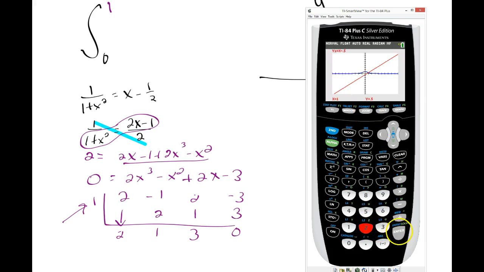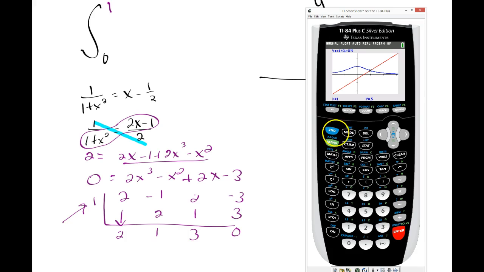So you can zoom in here and actually see the graph just a little bit better. And you can see that I'm really interested in that point right here at 1, 0.